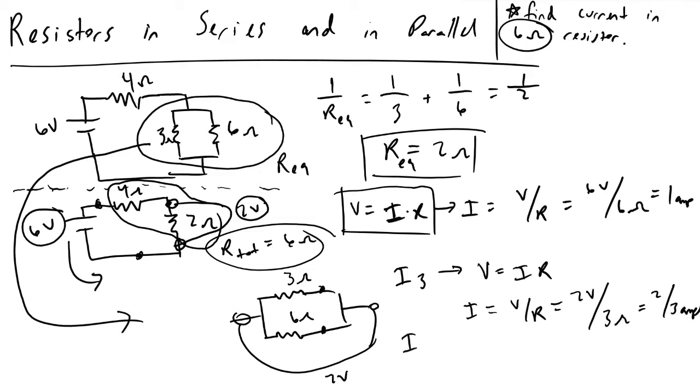And now if we repeat the process looking at our 6 ohm resistor, we look at voltage over resistance. This voltage was equal to 2 volts and our resistance was equal to 6 ohms. This tells us that we have 1/3 amps running through our 6 ohm resistor.